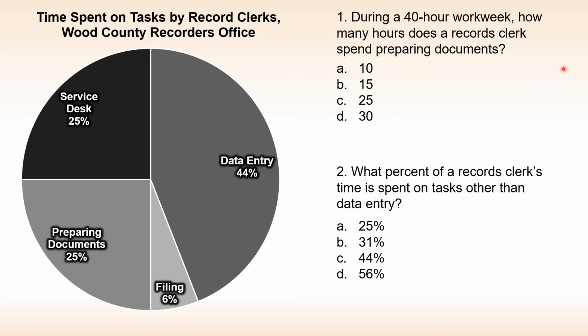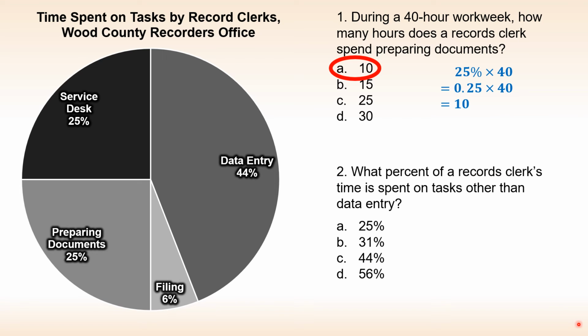During a 40-hour work week, how many hours does a record clerk spend preparing documents? We have 40. Preparing documents is here, 25%. So we have to find 25% of 40: 0.25 times 40 gives us 10. So our answer is A, 10.